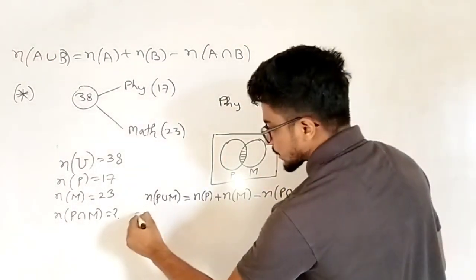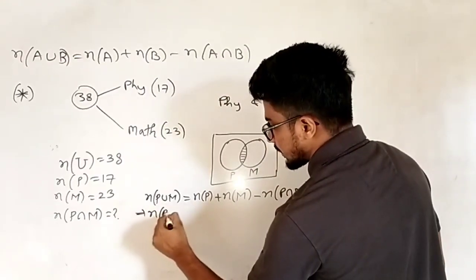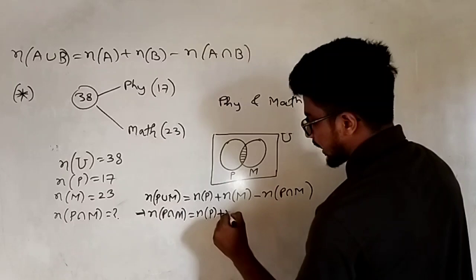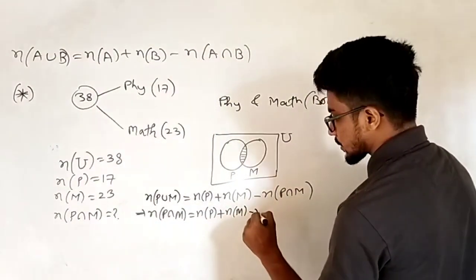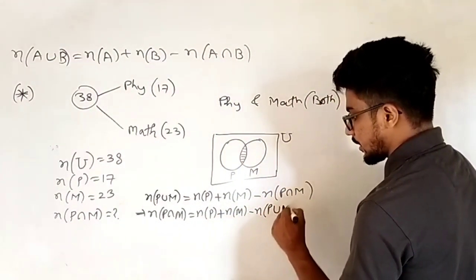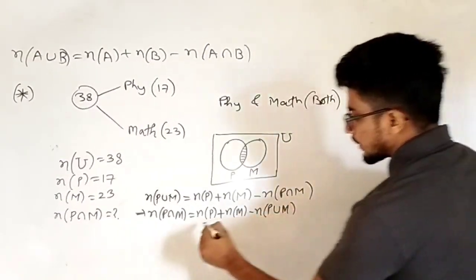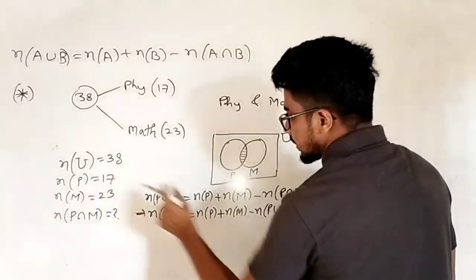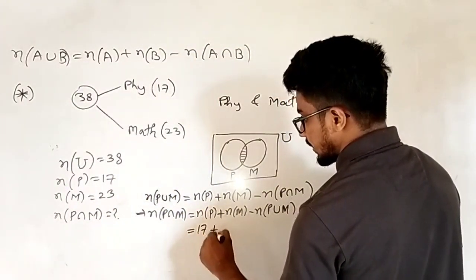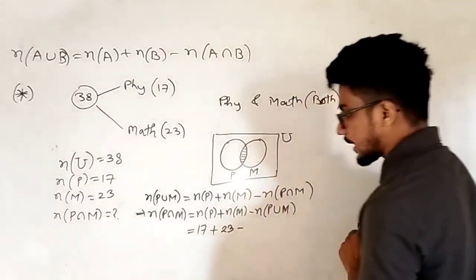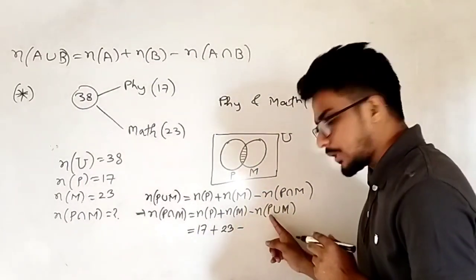This implies n(P intersection M) equals n(P) plus n(M) minus n(P union M). Now put the values here: n(P) equals 17, n(M) equals 23, minus n(P union M).